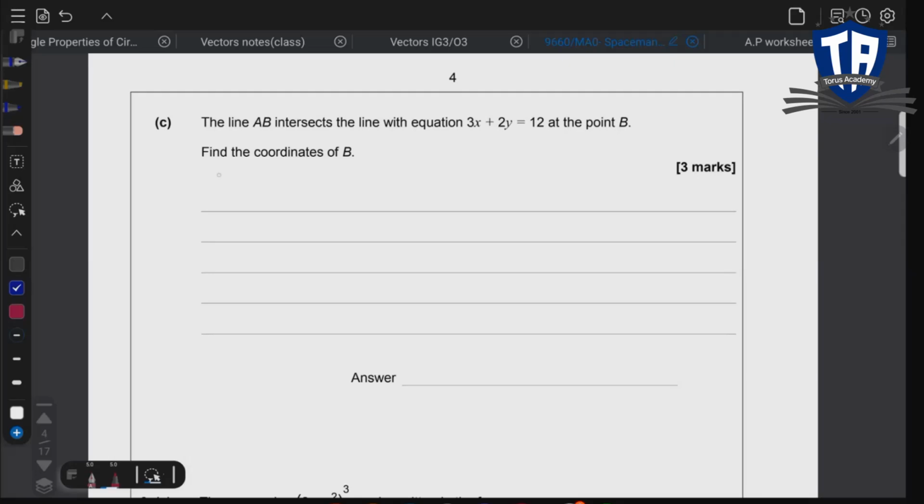So I'll write the line AB, 7x plus 3y is equal to 13, and the other line is 3x plus 2y is equal to b. The lines are intersecting, so we get the values of x and y by solving them simultaneously. For this, I'm multiplying one equation by 3 and the other equation by 7 to make the x coefficient the same.